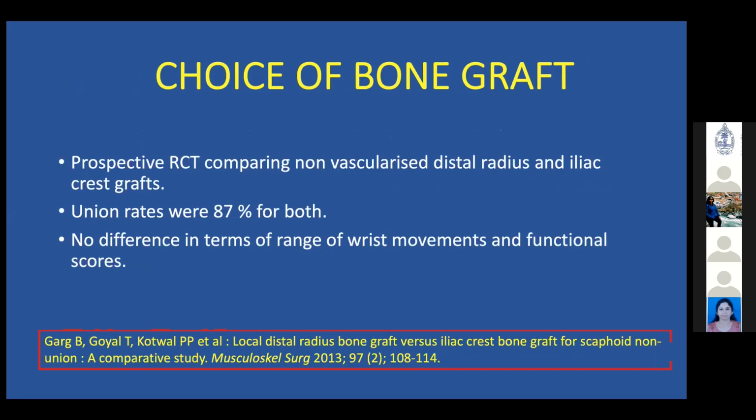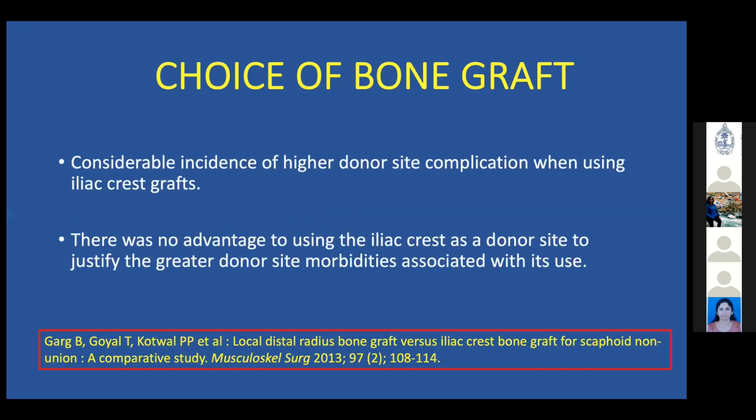They did an RCT and found that the union rates were 87%, the same for both. There was no difference in terms of range of movements and functional scores. They also found that with iliac crest there is a higher donor site complication, and they felt there was no advantage to using iliac crest as a donor site to justify the greater donor site morbidities associated with its use.